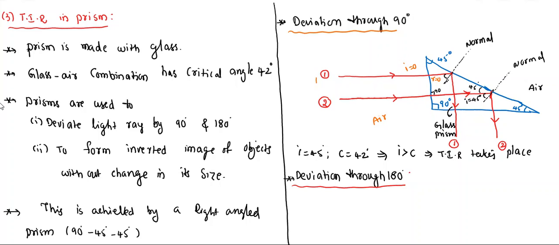We have to take the prism, and that is a 90, 45, 45 prism. The prism is a right angled prism. Okay. Now, first I will take the prism. The prism will be like this.